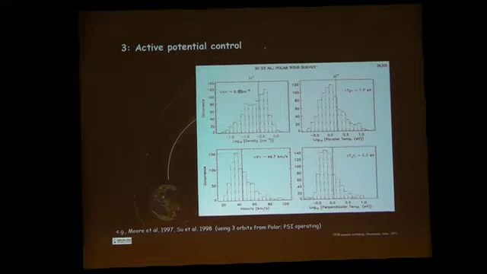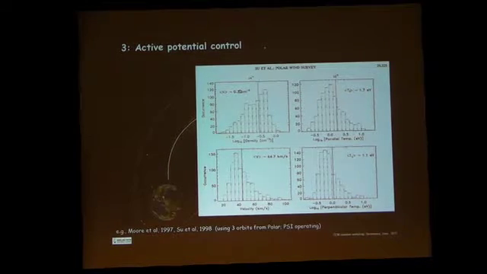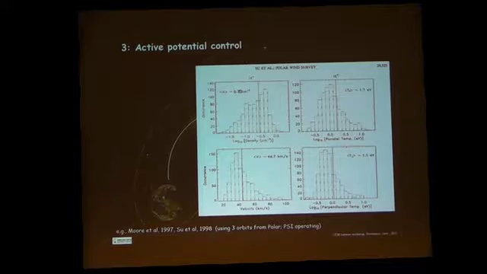Just for reference, they obtain velocities typically 30 to 40 kilometers per second along the field line. The average or mean is 0.4. They obtain typical densities of 0.3 per cubic centimeter and temperatures around 1 electron volt for parallel and perpendicular.